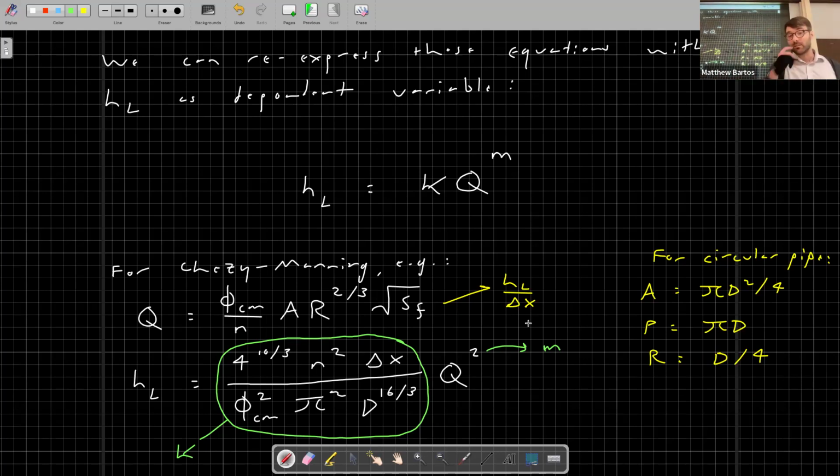In this case, M is equal to 2 and K is equal to this whole thing. So for each unit system and for each of our empirical equations, we can write down an equation for the head loss in this form.